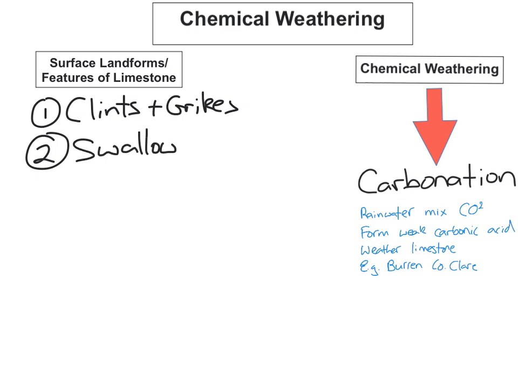These are all surface landforms, so you can actually see them on the surface. Sometimes these Clints and grykes are known as limestone pavement. Just so you know, okay?